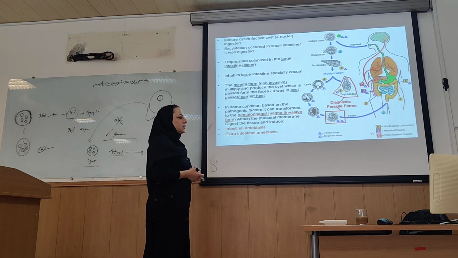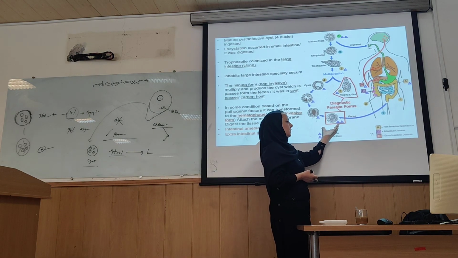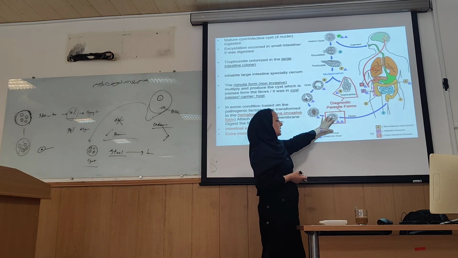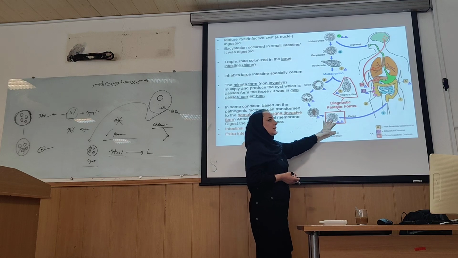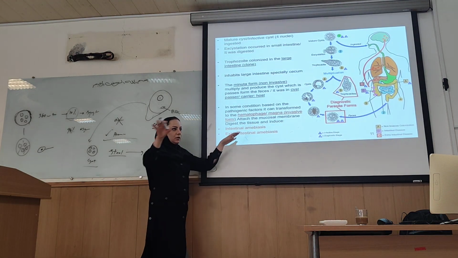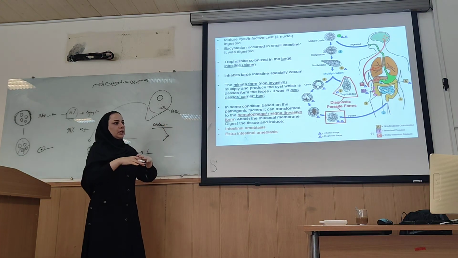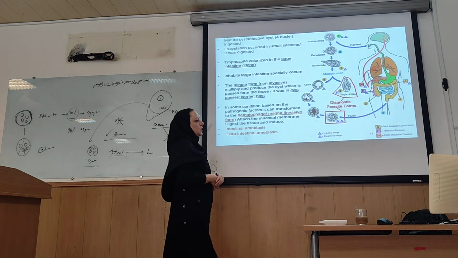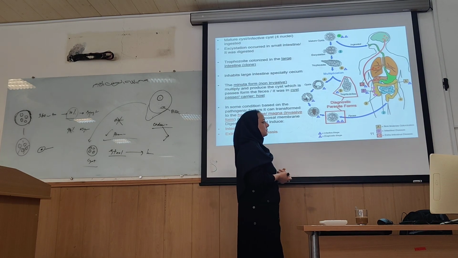These individuals are carriers or cyst passers because they pass the cyst in the stool, and this cyst, for example, can infect another person, can spread through the society, or if the hygiene is low, can infect our water.